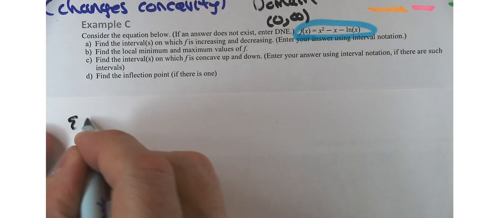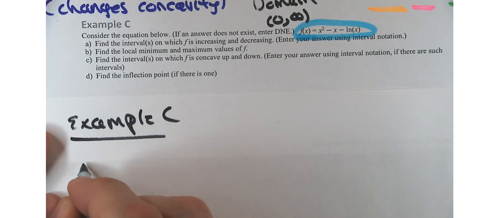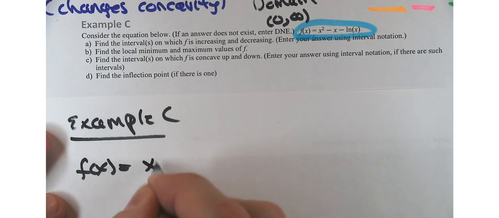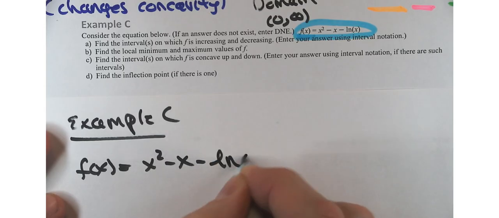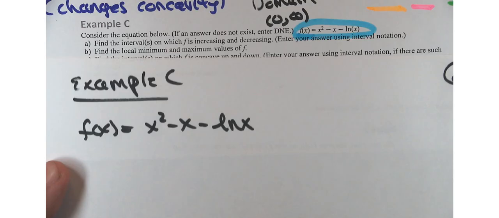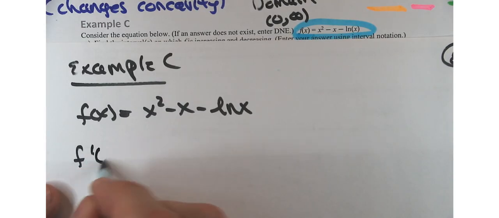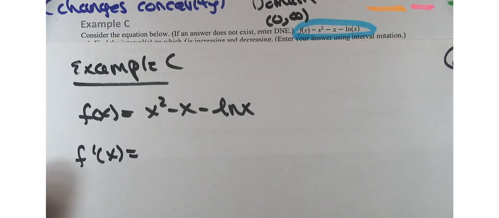Example C. F of x is x squared minus x minus ln of x. Let's first start by calculating the derivative, f prime of x. Krish, what's the derivative here going to be, please?